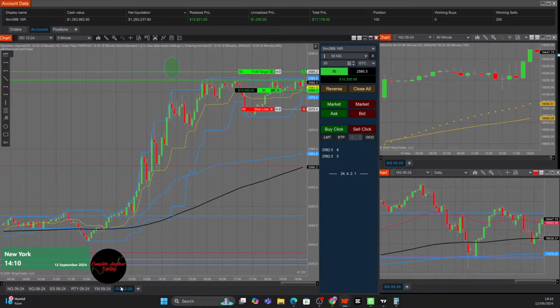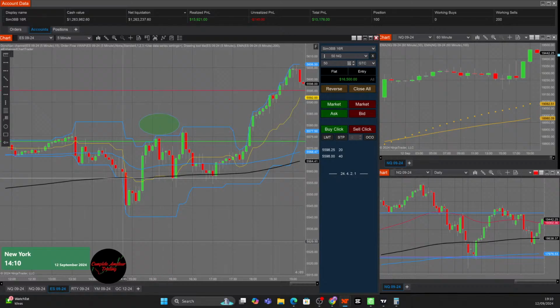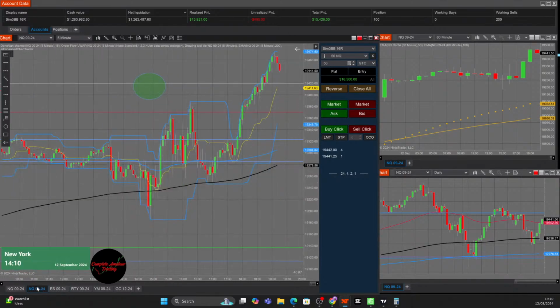Let's see what gold's doing. Gold is still hanging around at 83. Come on, gold. Get it together. Did say that there's quite a bit of selling that's required for NQ and ES to get to their pullback levels.